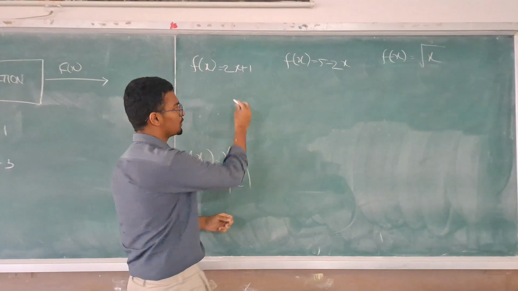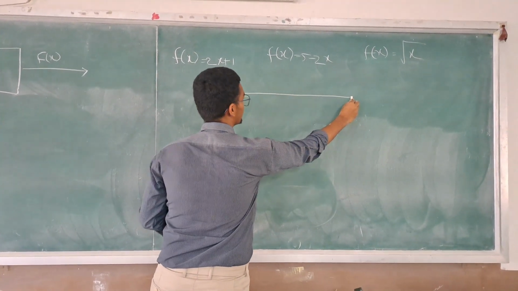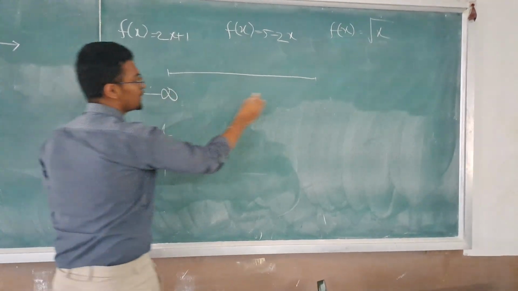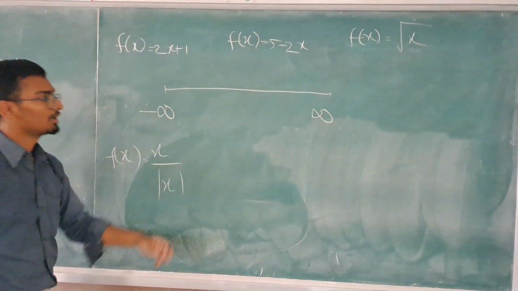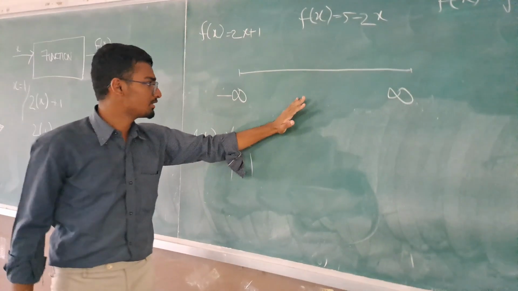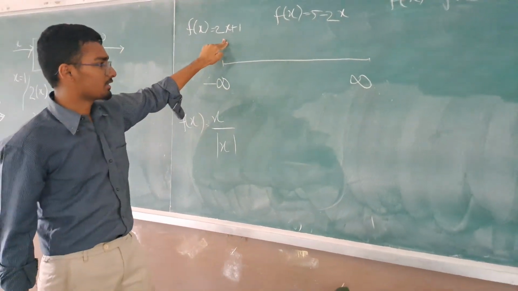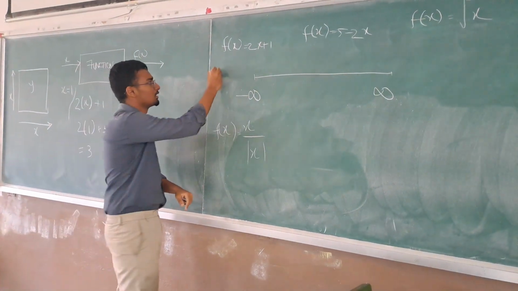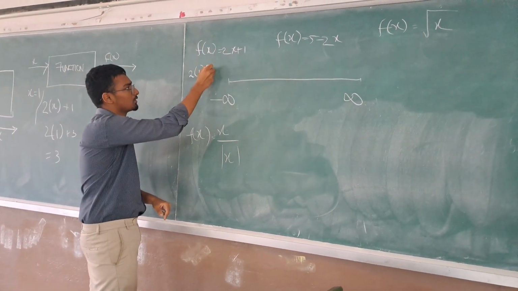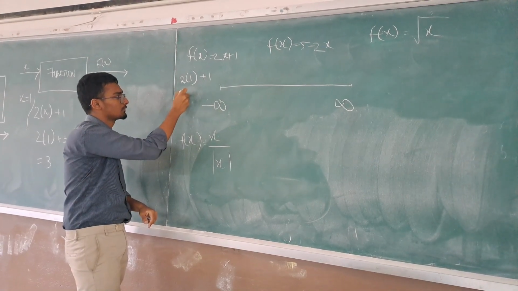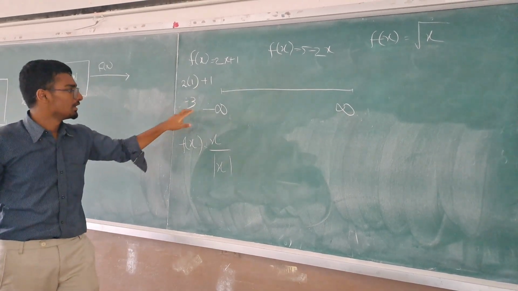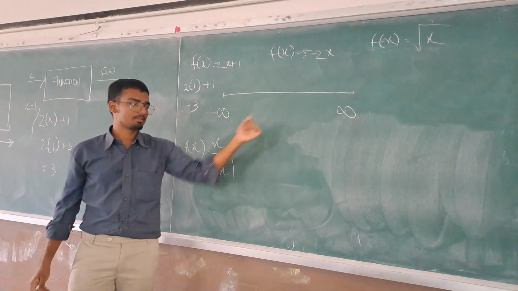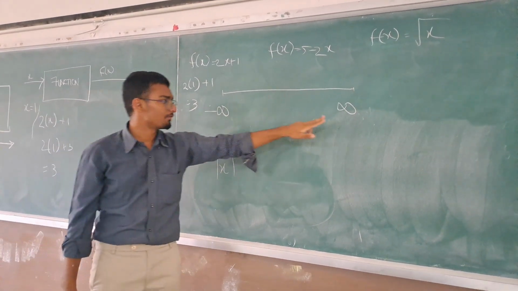Before that, I have to draw a line which contains minus infinity to plus infinity, this interval of range. First of all, I am substituting the value of x as 1. The answer will be 3. So the value will be taken between these two ranges, from minus infinity to plus infinity.